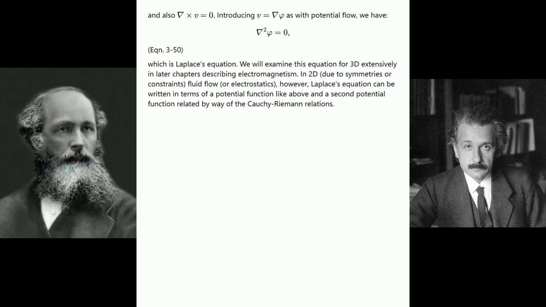Introducing V equals gradient phi as with potential flow, we have, see equation 3-50, which is Laplace's equation. We will examine this equation for 3D extensively in later chapters describing electromagnetism. In 2D, due to symmetries or constraints, fluid flow or electrostatics, however, Laplace's equation can be written in terms of a potential function like above and a second potential function related by way of the Cauchy-Riemann relations.